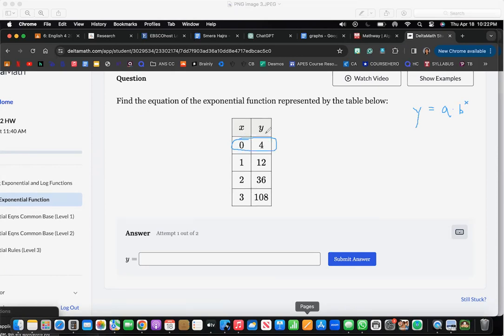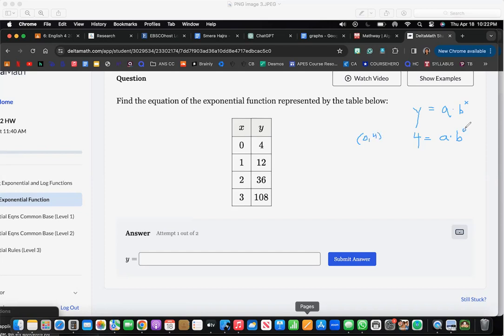Now, if you have a zero, this value right here tells you something. But to complete the explanation, let's just try this out. Let's say I plug in a 4 for y. I don't know what a is, I don't know what b is, but x is this value 0. So I'm using the point (0, 4) to make an equation.